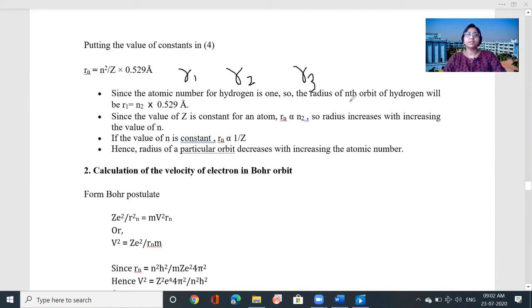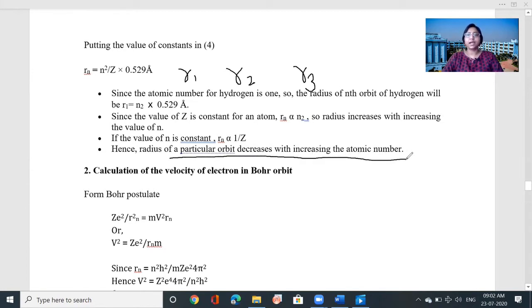Then you can see how it is proportional to 1 by Z. So you get the conclusion that the radius of a particular orbit decreases with increasing atomic number.